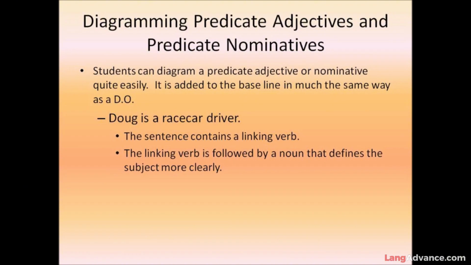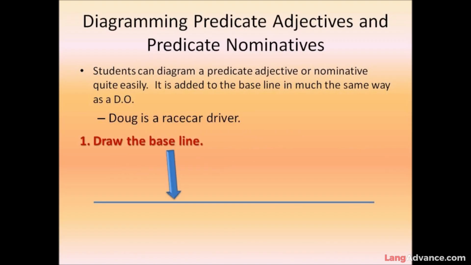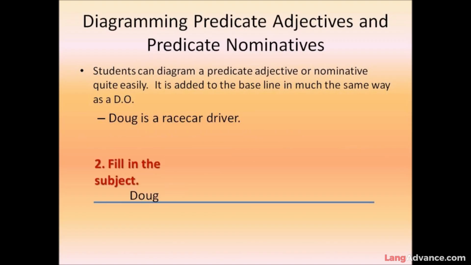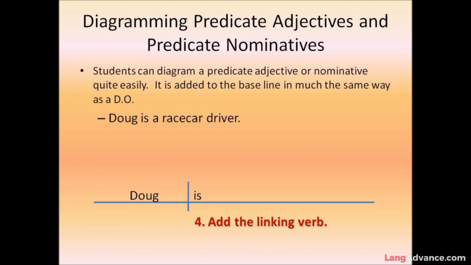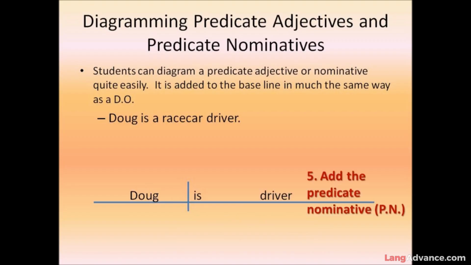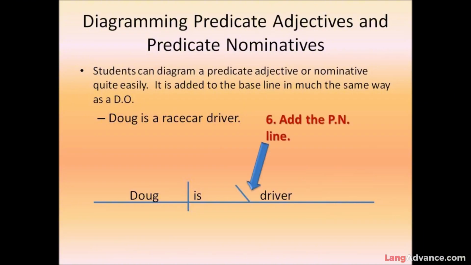So we start with the baseline. We fill in the subject. We draw the predicate line. We add our linking verb. We add the predicate nominative. Driver is a noun. We add the predicate nominative line.